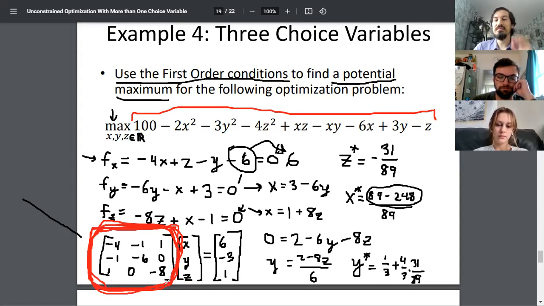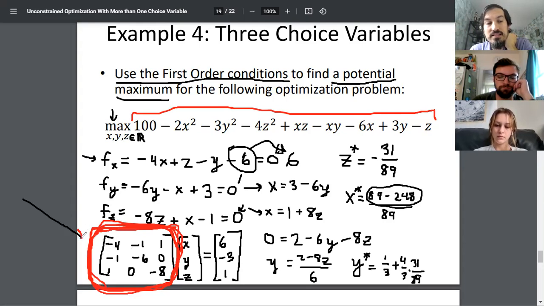I'm almost dancing around the connection between the second order conditions and the first order conditions, but because I'm not really teaching you the more complicated version of the second order conditions, I don't think you're responsible for it.